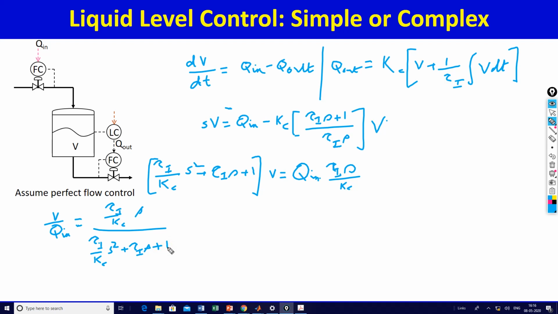And if you want the variation in Q out with respect to Q in, then all you do is you multiply this by, see from here what we have is Q out by V is equal to Kc times tau I S plus 1 divided by tau I S.